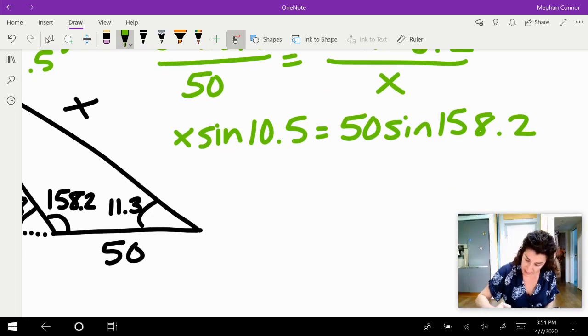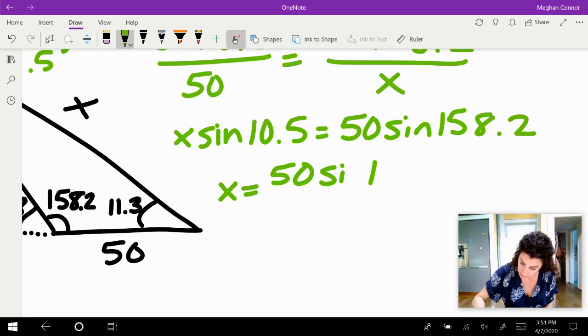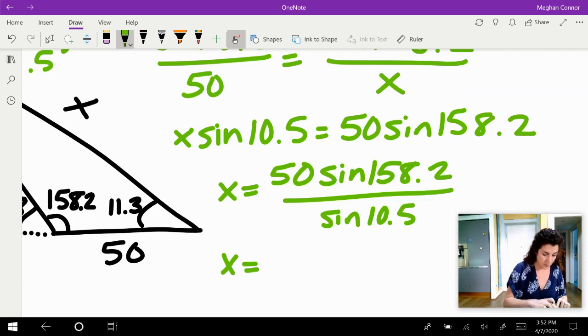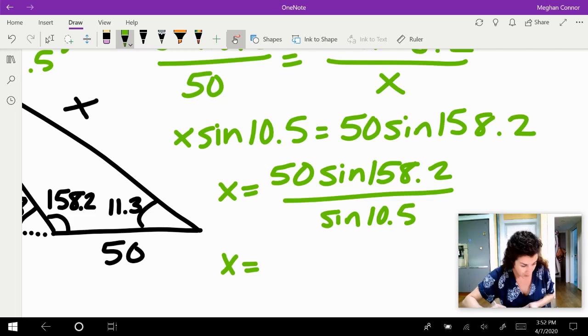Dividing both sides by sine of 10.5, we get that x is equal to 101.9.